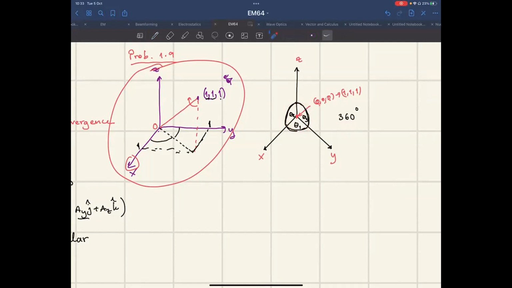So what you are seeing here is theta 1 equal theta 2 equal theta 3, and they are equal to 120. Or you can say that it's 360 divided by 3. Now, the problem states that we want to rotate the whole system here. We want to rotate this by 120, and this one by 120, this one by 120.